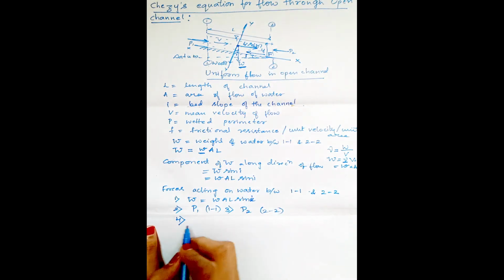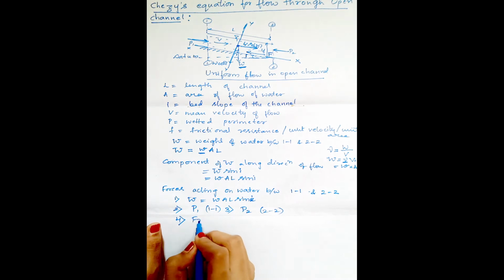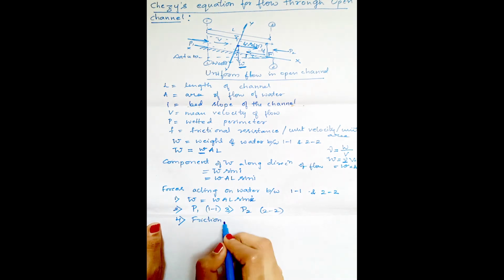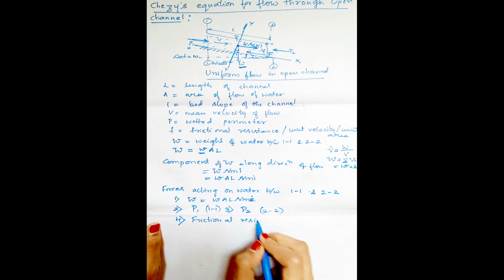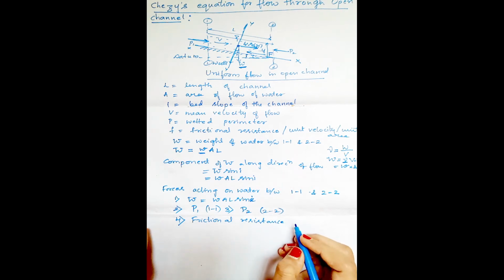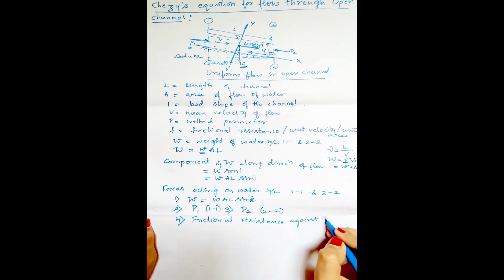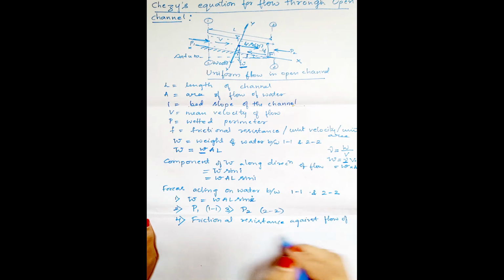So the fourth force acting on the water between section 1 and section 2 is the frictional force, or frictional resistance against flow of water.